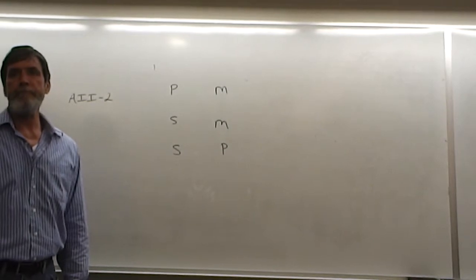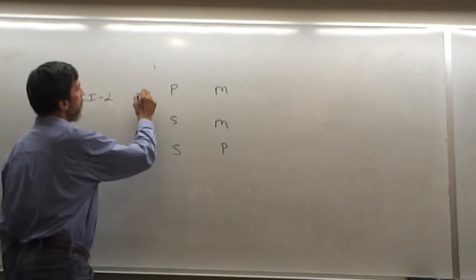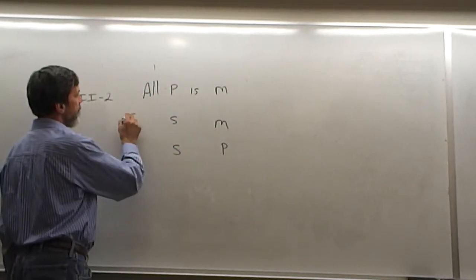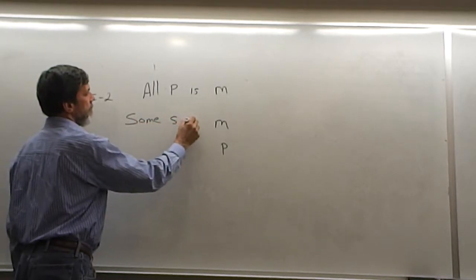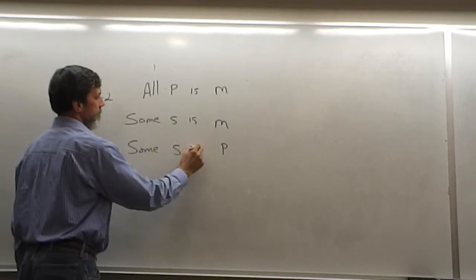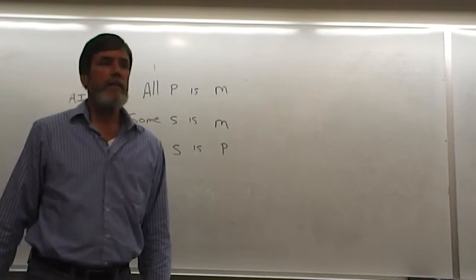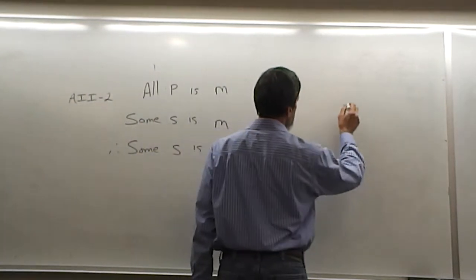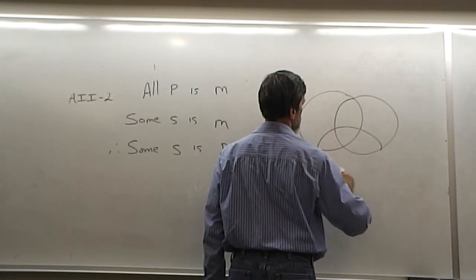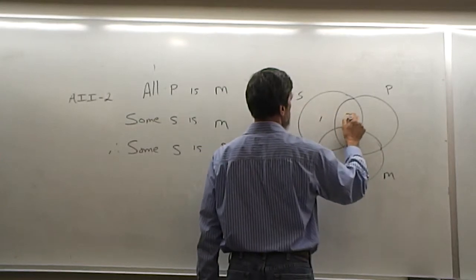Right. Major premise is A. Minor premise is I. Conclusion is I. We're ready to go. Draw your three-circle Venn diagram. Number your segments.